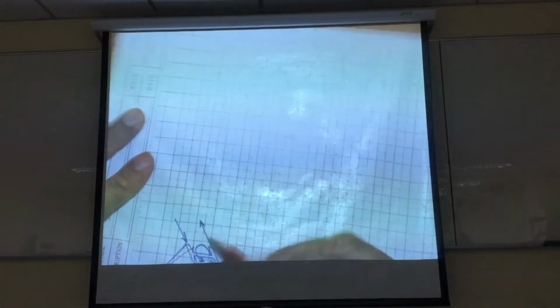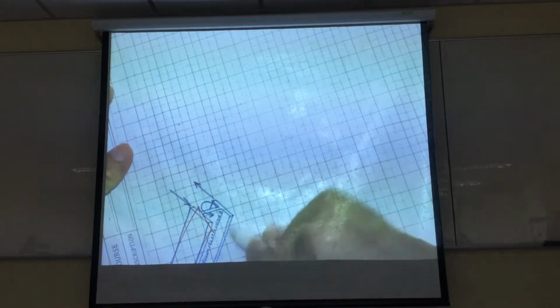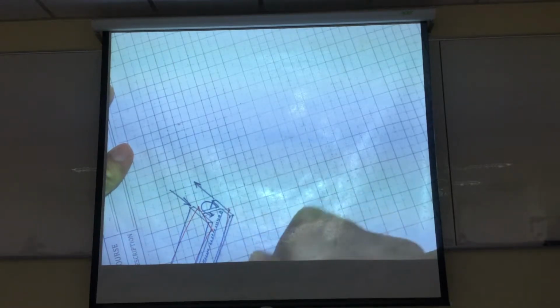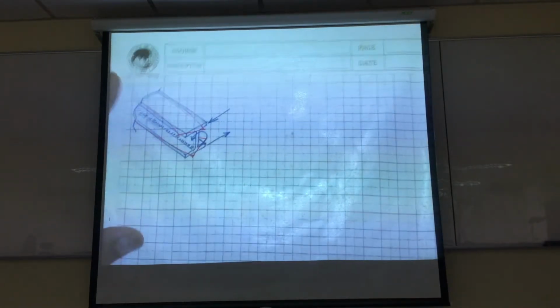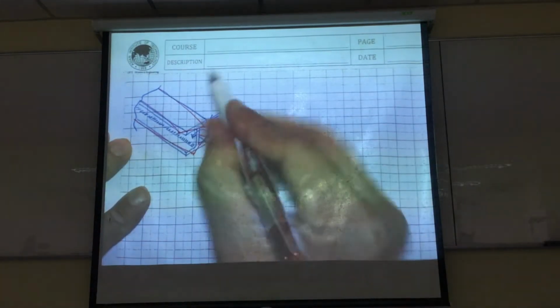In the contrary, the thing here will be difficult to draw. Sort of like this, right? So this is warping.